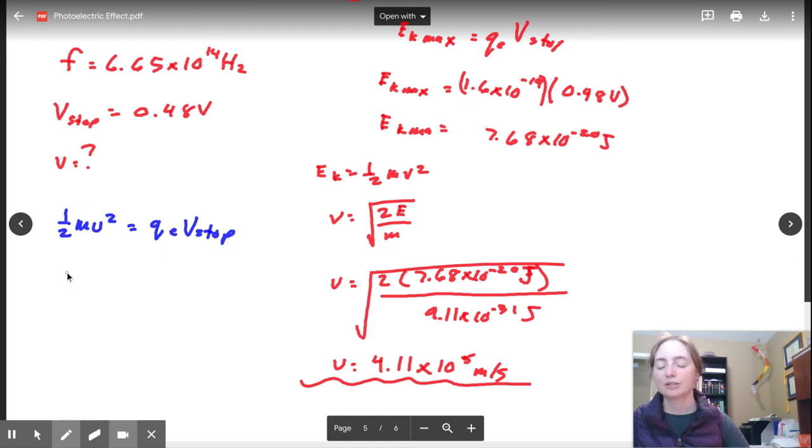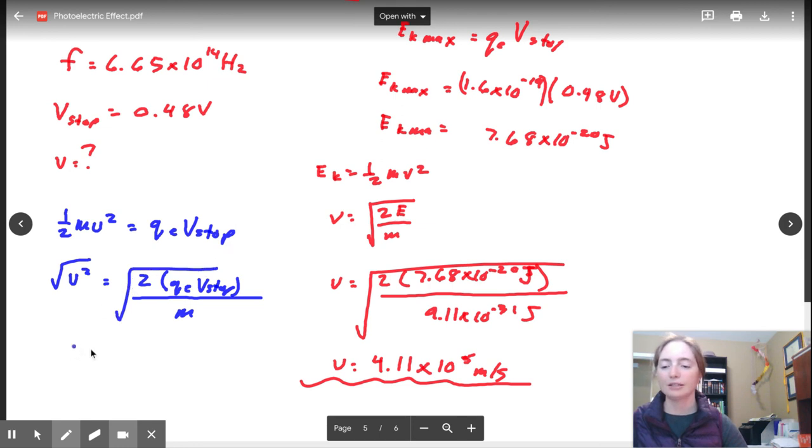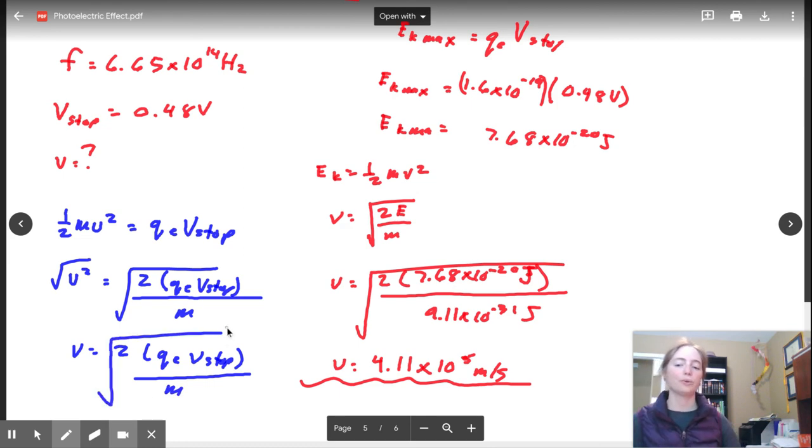I am going to wind up with V squared equals 2 QE V stop divided by the mass, and then I square root both sides, and we wind up with V equals the square root of 2 QE V stop divided by mass.